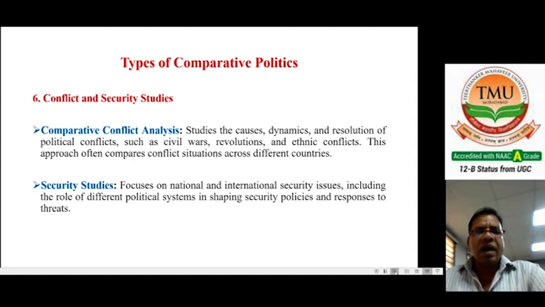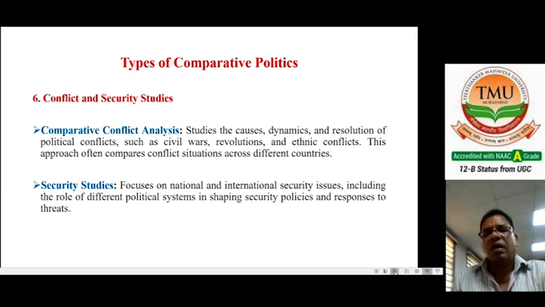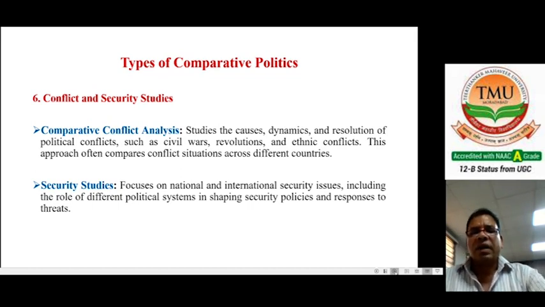So through these different kinds of ideology, scarcity of resources, and climate change, these are very important impact factors that lead toward civil war, revolutions, and ethnic conflict. And this approach often compares conflicts across different countries. This is a very important approach.